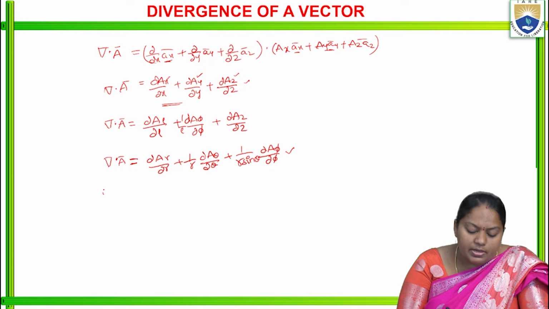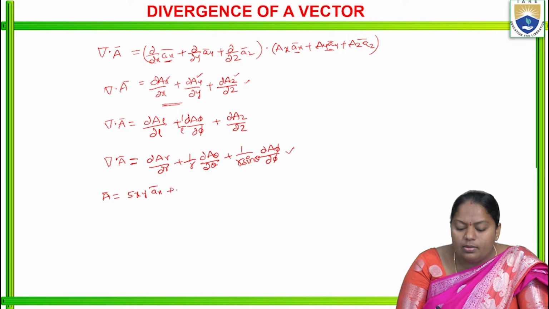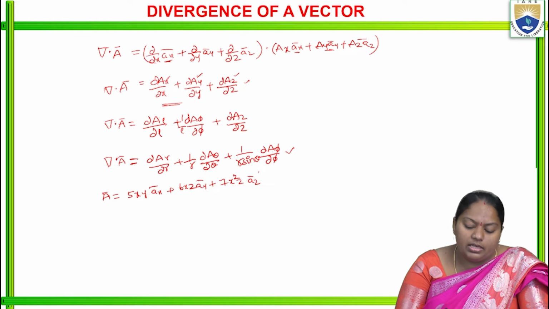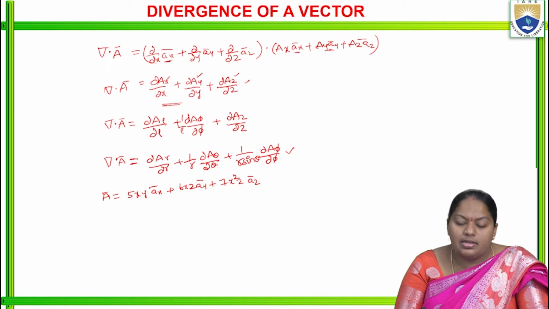Okay, so del dot A bar can be written like this. Now consider one simple example, that is vector A bar is given as 5xy ax plus 6xz ay plus 7x square z az. And we need to substitute all the magnitudes of the vectors in the x, y, z directions.